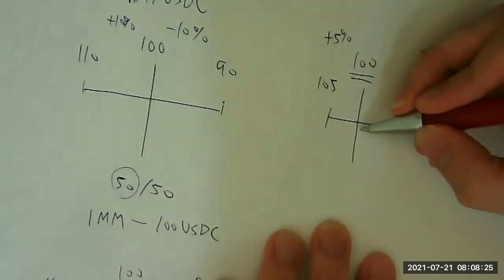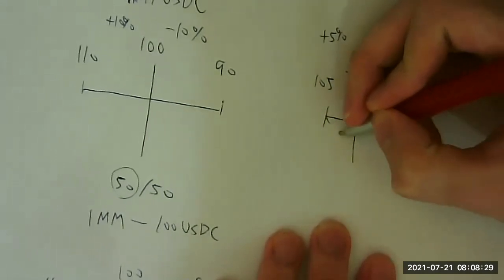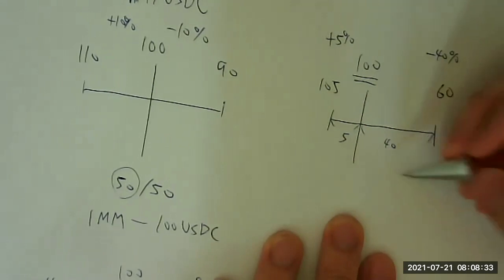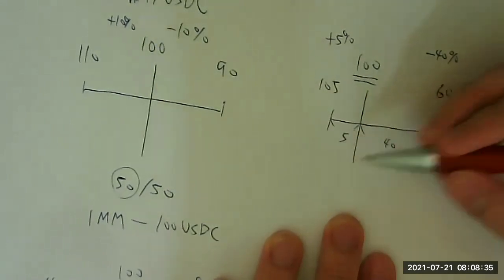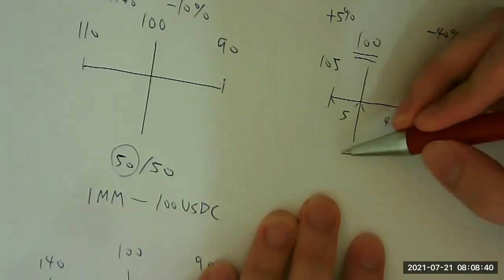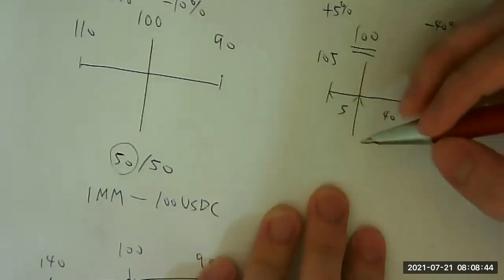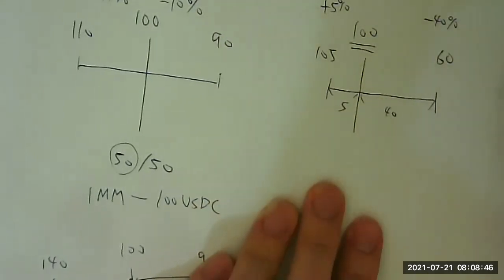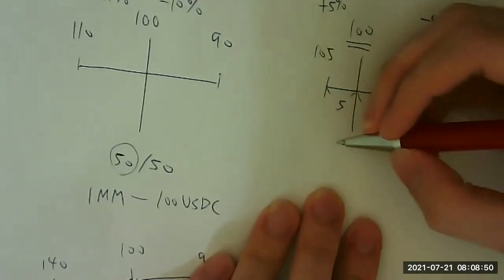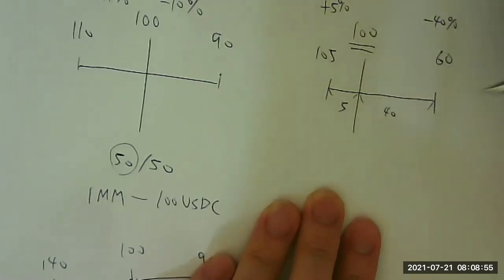Now, as you can see, this part is much larger than this part, right? So meaning you'll be putting a lot more USDC than your NM. This way, you also minimize the amount of NM you risk putting in here. And I'll explain why, but just bear with me. So let's calculate the percentage of NM and USDC.